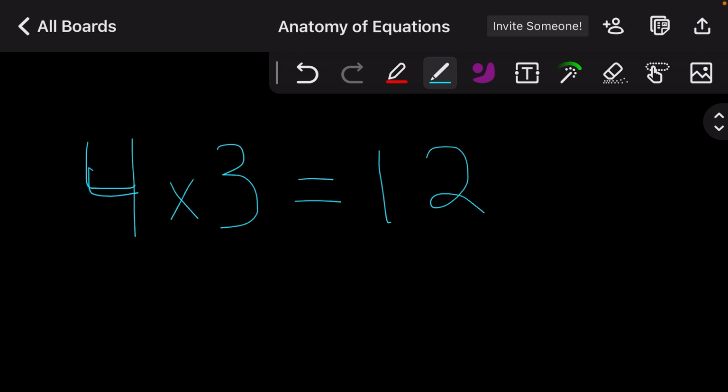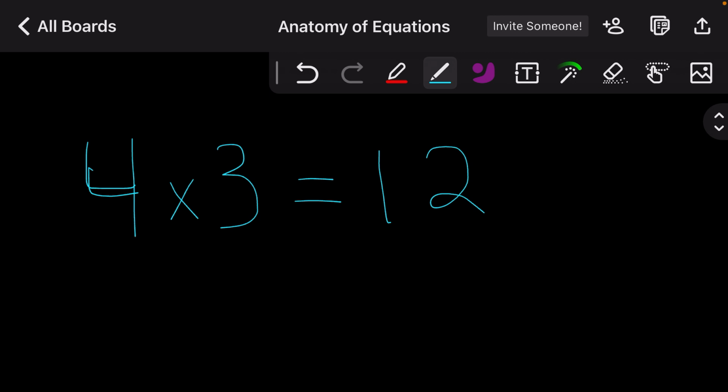Now, just looking at this equation, you know exactly what's being said, for the most part. But each character or symbol that you see has a name associated with it.